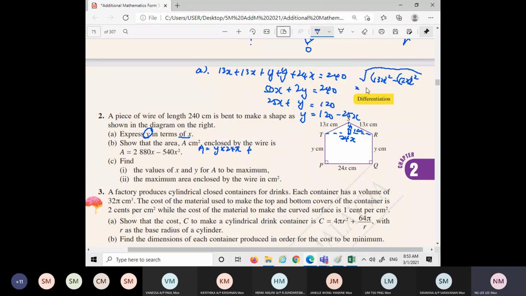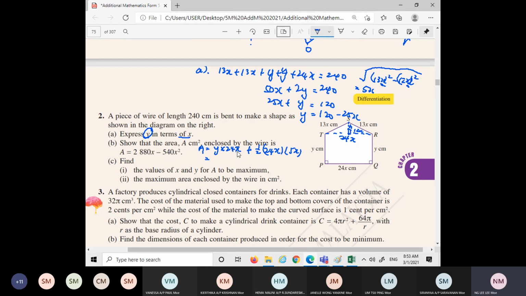5x. Okay, 5x. So now I can use the formula for the triangle. Half times the base 24x, and then the height is 5x, because here got x, so your answer is 5x.